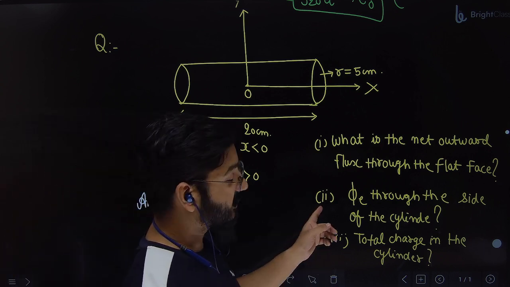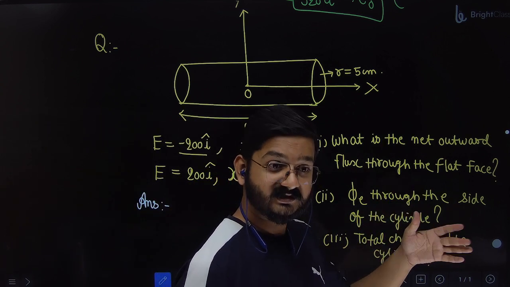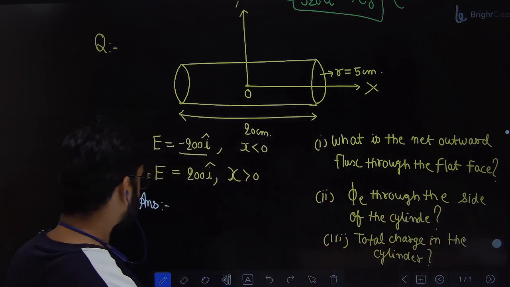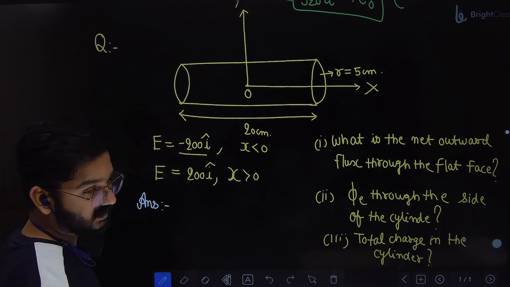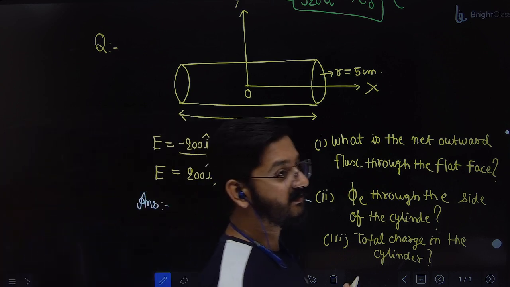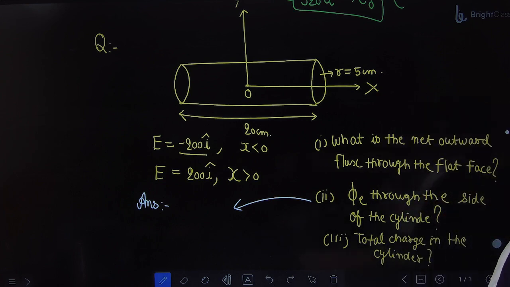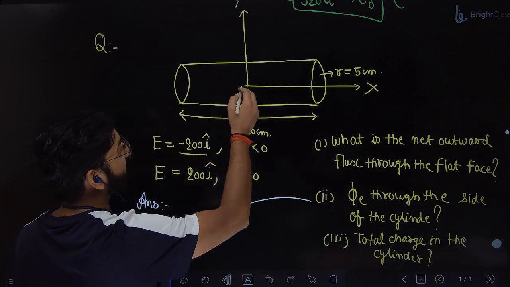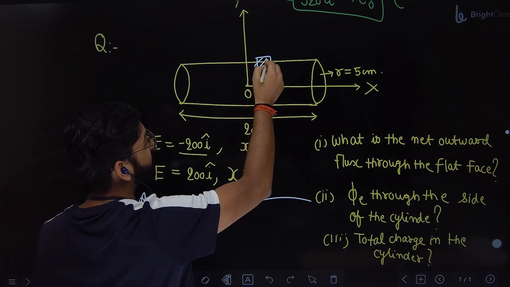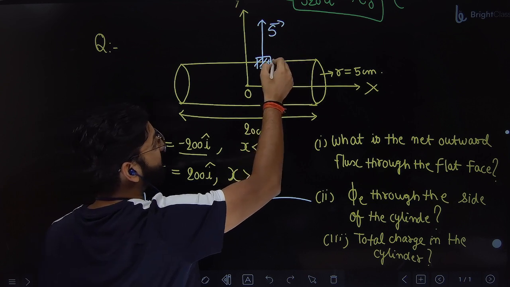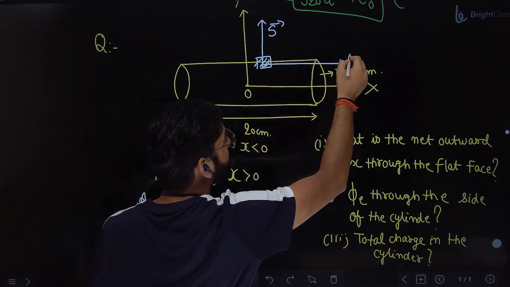For the second part, we have already discussed these things in the previous question. That is the reason I told you it is similar to the previous question. So for the second part, you write: since it is the curved surface, the area vector is upward, and the electric field is in this direction.